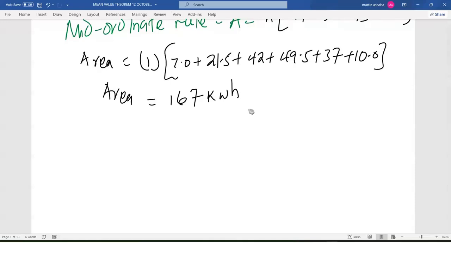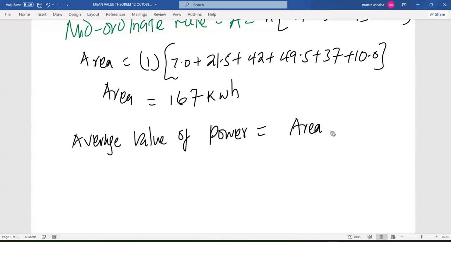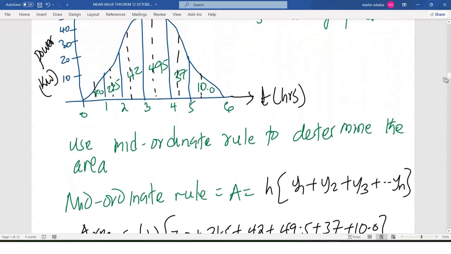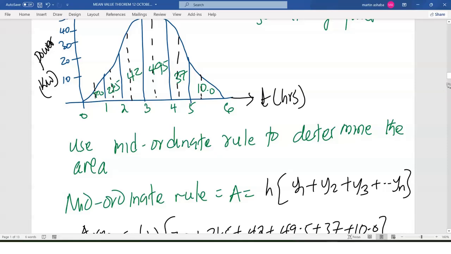So the task is to get the average value of power, which equals the area under the curve divided by the length of the base. The length of the base is 6, because we are moving from 0 to 6 hours.